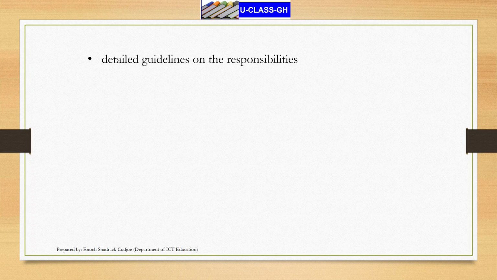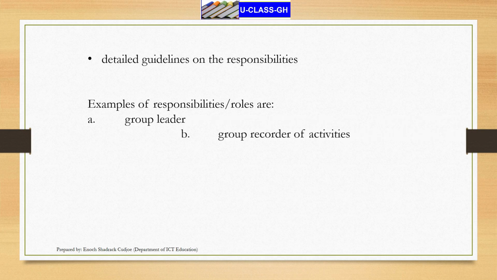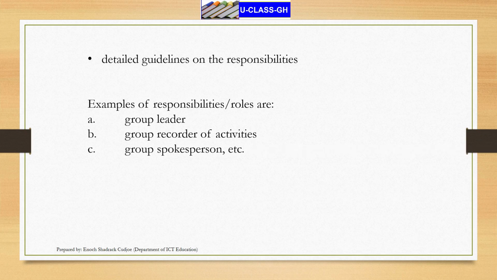Some of the responsibilities that you can assign to the group members include a group leader, group recorder of activities, group spokesperson, and so on. You can even have a group secretary, and more roles can be added depending on the number of people that you have in a particular group.